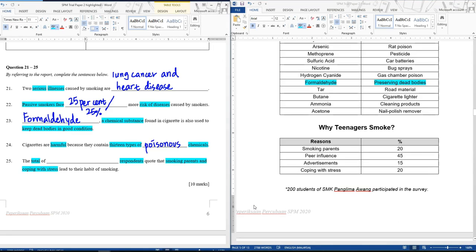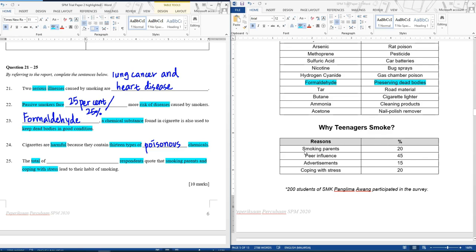Moving on to our last question, question 25. You need to find the total of how many respondents quote that smoking parents and coping with stress lead to their habit of smoking. When you see the word total, that means you need to do some calculation and addition. So let's look at this table right here.